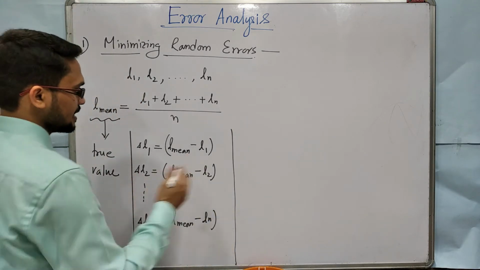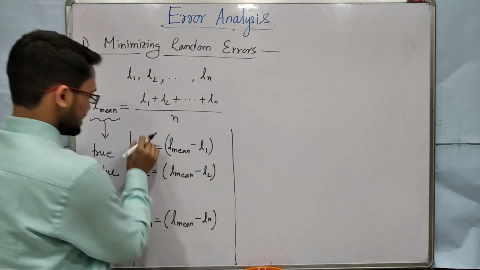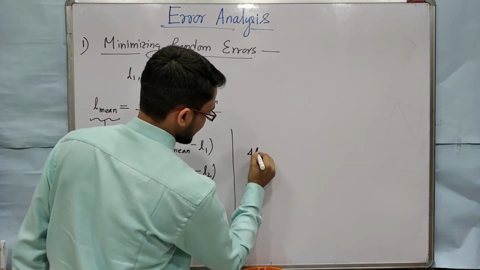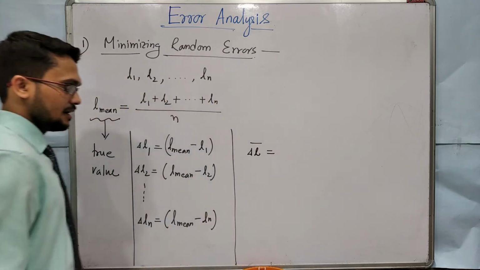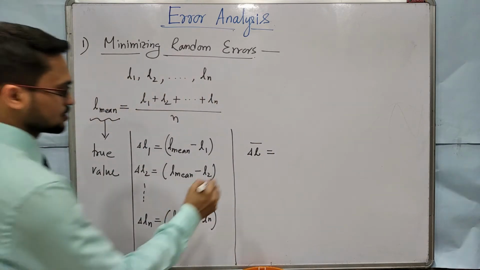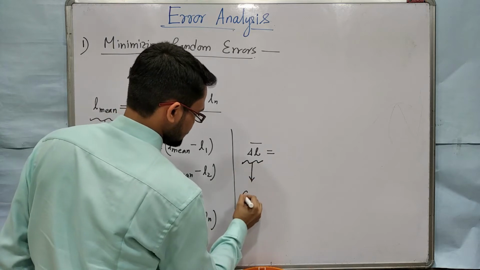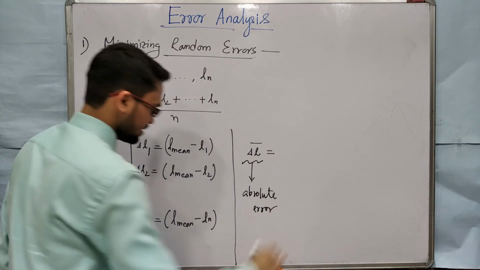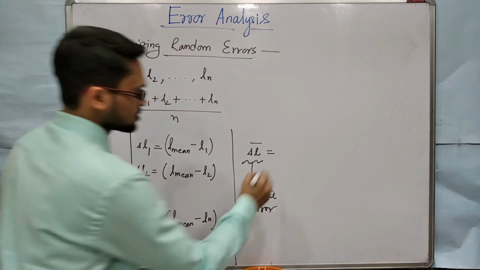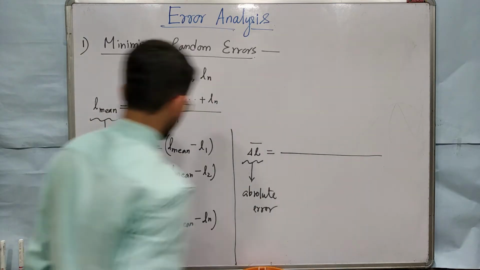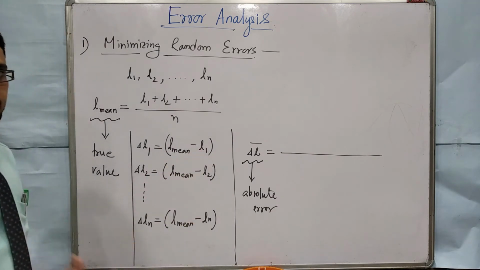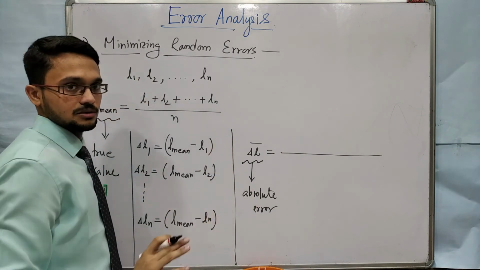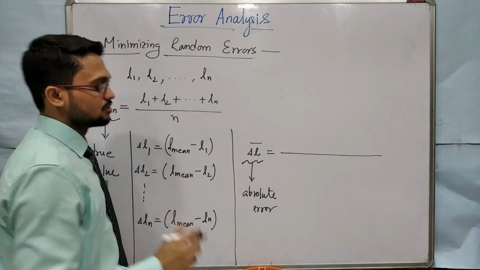After that we take the average of these absolute errors, so the average delta L, the average error. This is also known as the absolute error. How to measure it? These values may be positive, negative or 0, but here you will get only positive values, that means magnitudes only.